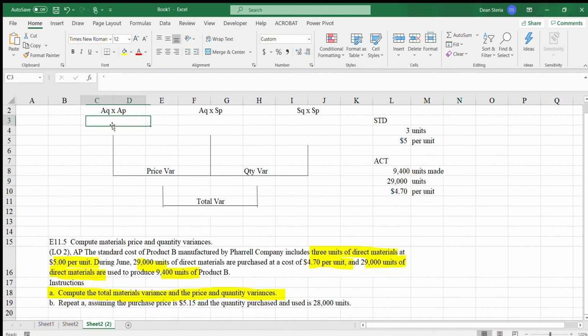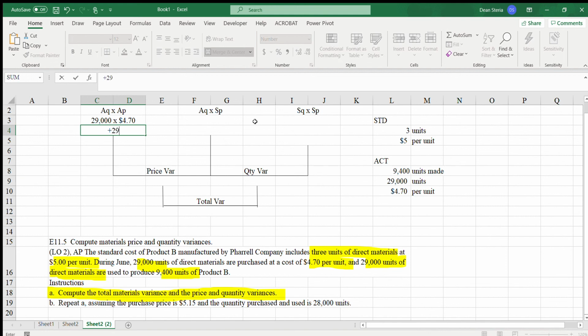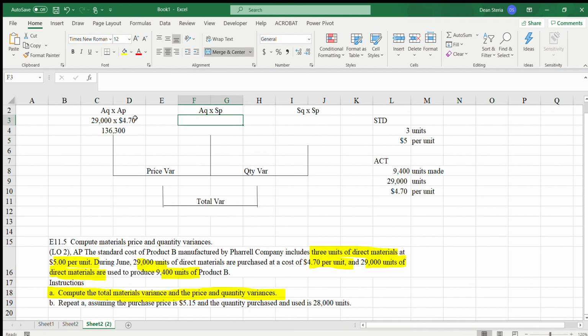So we actually had 29,000 units, and we actually paid $4.70 per unit. So that means what I really paid was 29,000 times 4.70. So I actually paid $136,300.